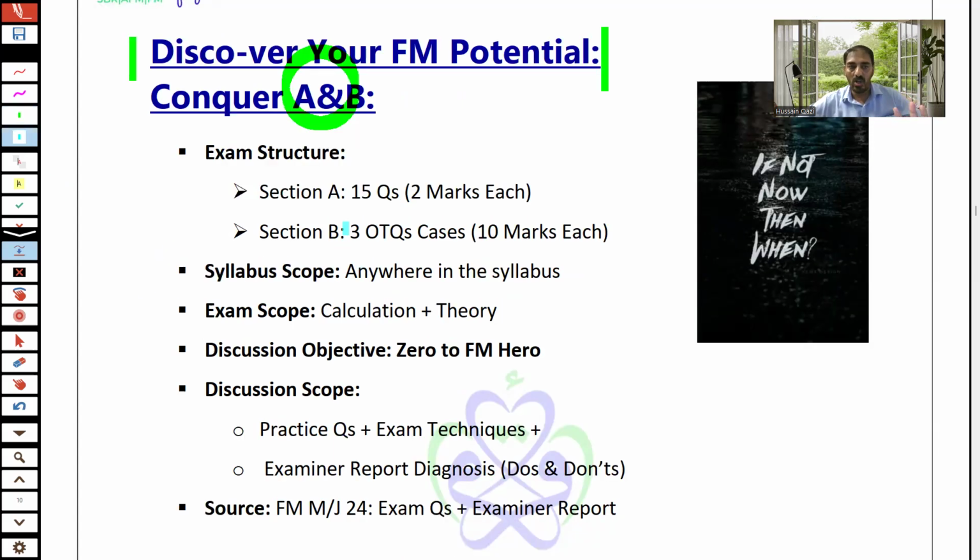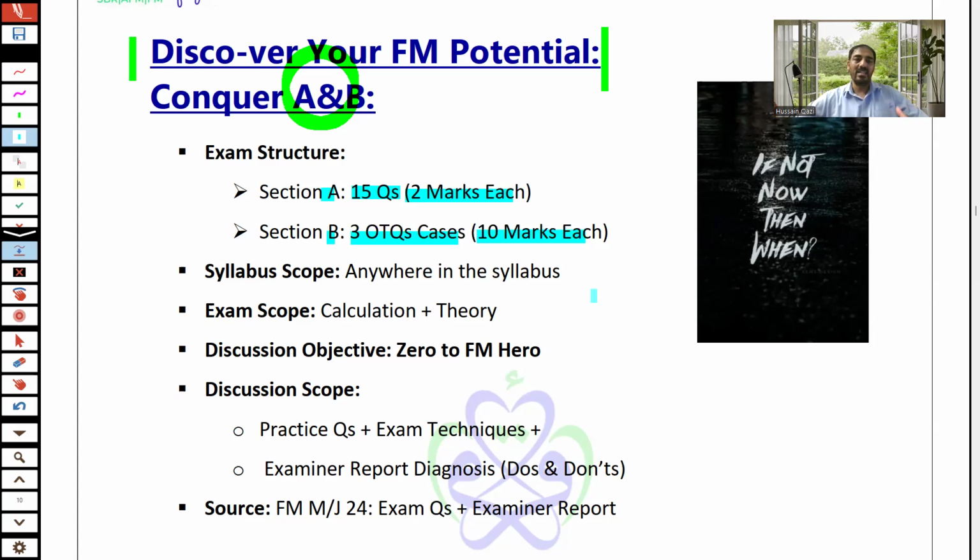Number one, all of you know the exam structure of Section A and Section B. In Section A, the examiner sets 15 questions, 2 marks each. Section B has 3 OTQ cases, 10 marks each.